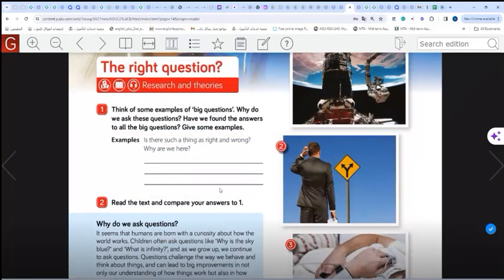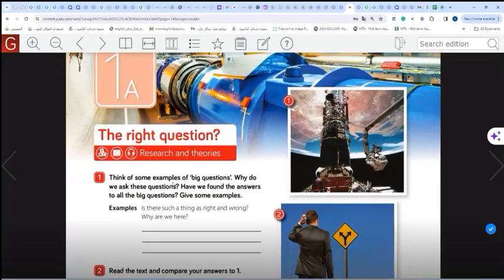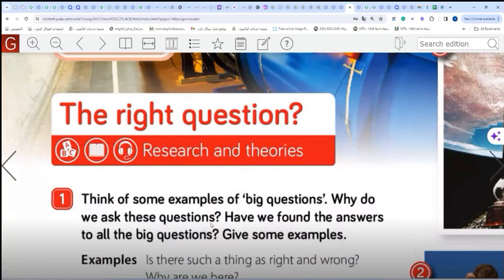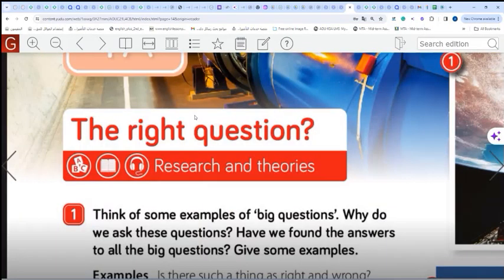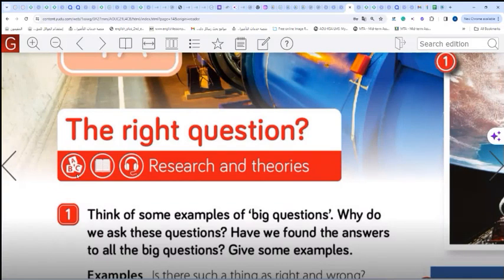So dear students, what are we going to study today in lesson A? As you can see here, we are going to study... What does this icon stand for?